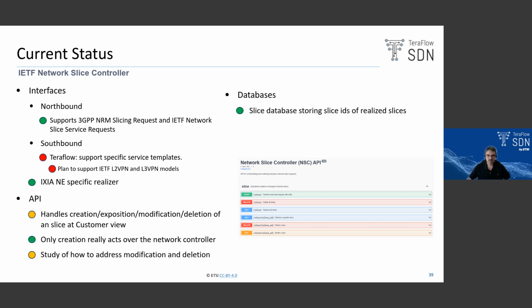You need to manage things like make-before-break or break-before-make, and the side effects you can have when implementing these changes. So it's not simple. This is still a focus of study. And the database for persisting the changes, in principle, is also mature.